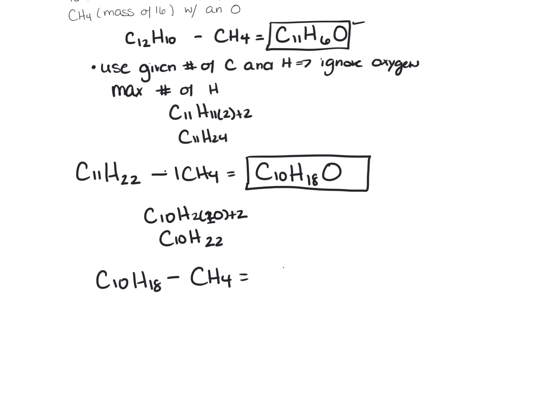And that would be C9H14O2. Okay, and then a quick double check tells us those hydrogens are going to be under the max as well, so that's a possible formula. So these are all different possible formulas for that mass to charge ratio of 154.